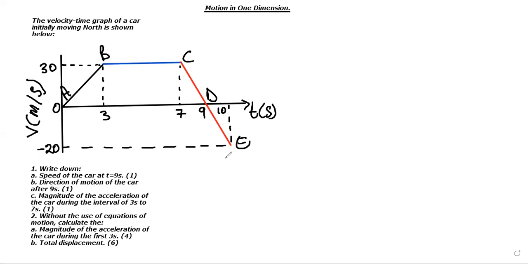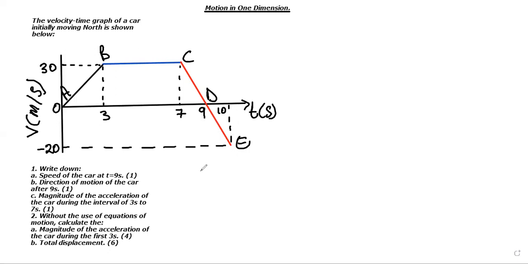Now, the first question says, write down the speed of the car at t equals 9 seconds. When the time is 9 seconds, we can see that the speed is actually 0 meters per second. And then they say, write down the direction of motion of the car after 9 seconds, meaning for the part DE.